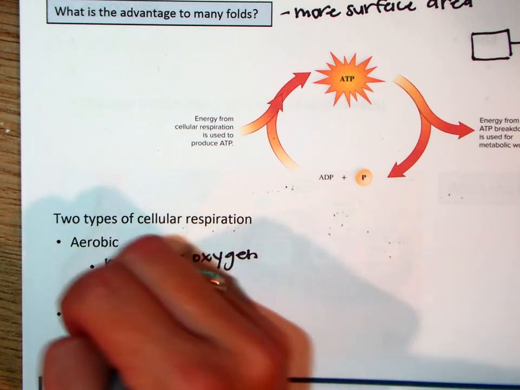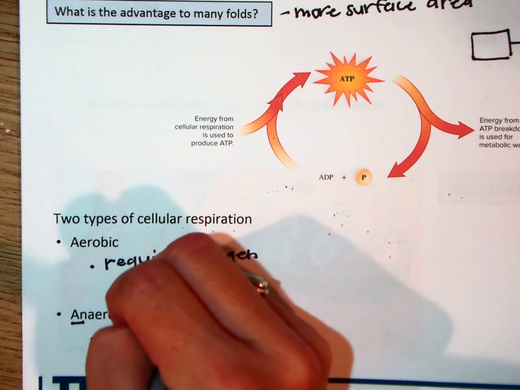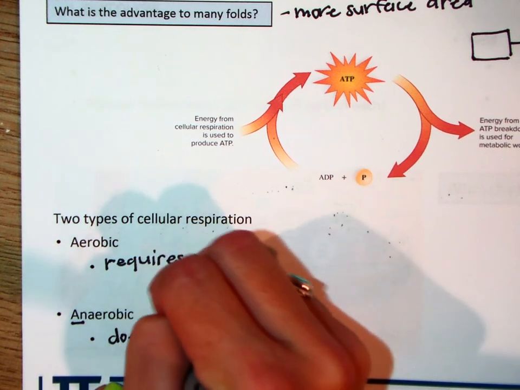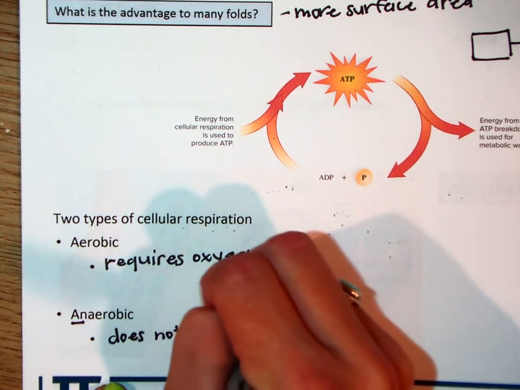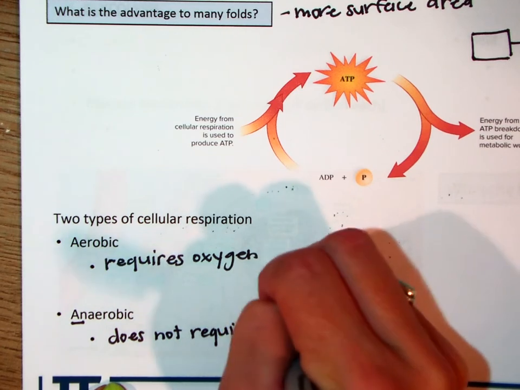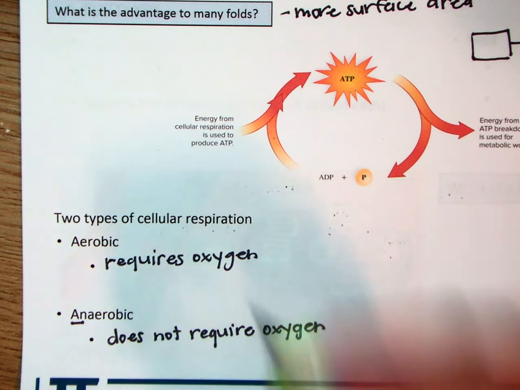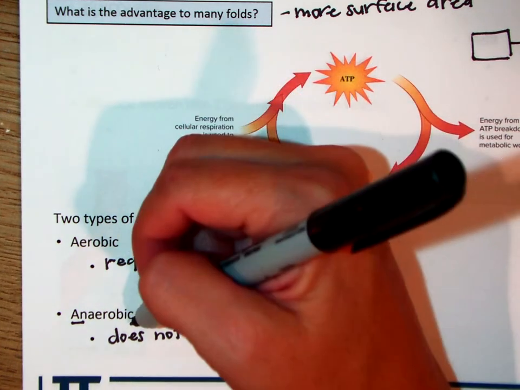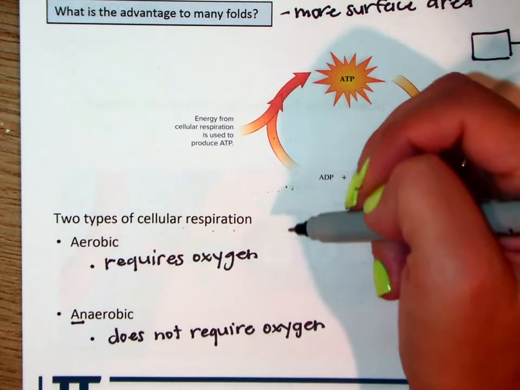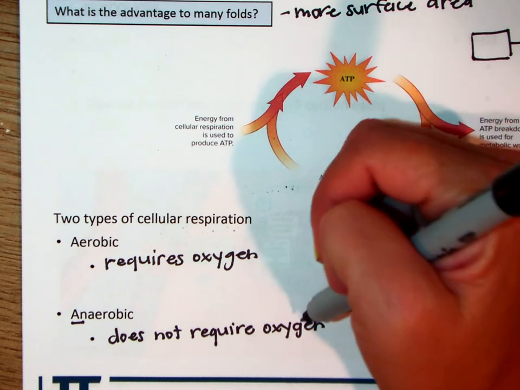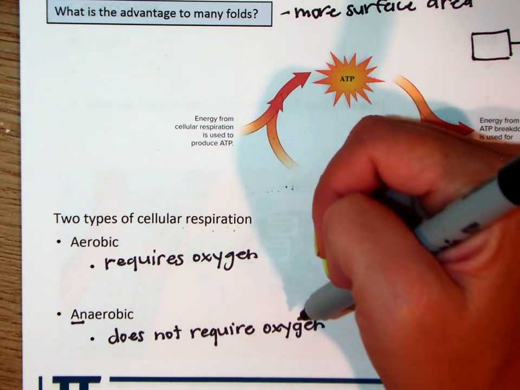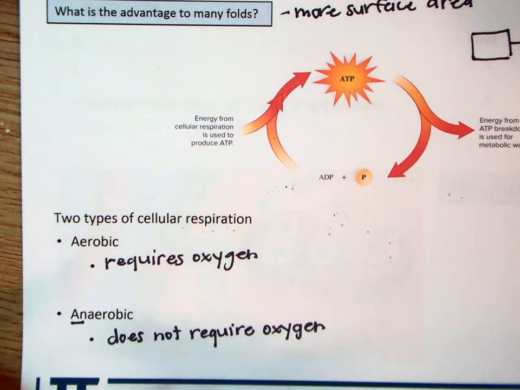So anaerobic does not require oxygen. Alright, so know that there are 2 types, aerobic and anaerobic. If it's aerobic, it's needing oxygen. If it's anaerobic, it can happen in the absence of oxygen.